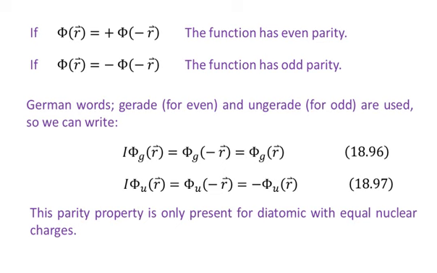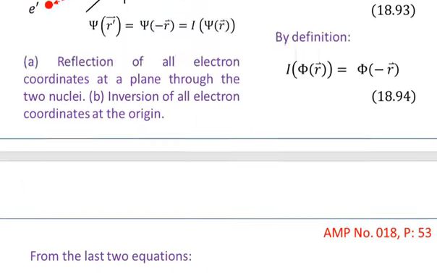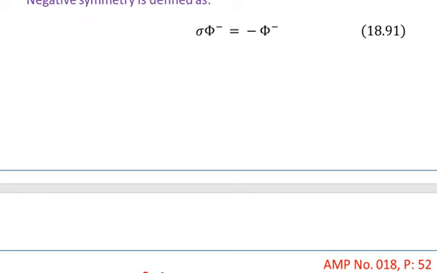So you see that here I have discussed in this section two properties. One is the inversion property, and the other is the reflection property. And on the basis of that, I have said that it could have these conditions.